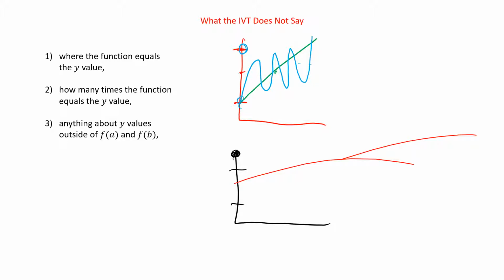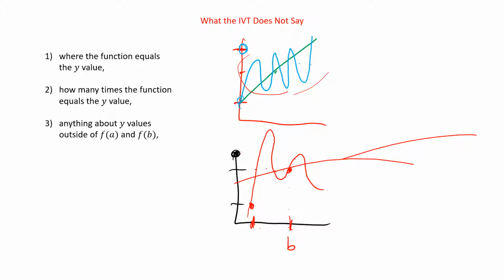That's not true, because we could have a function that goes like that, where it equals it, and there's my a, here's my b, and in between here and here, it goes from f of a to f of b. It goes bigger than that, which it can. It doesn't have to. It could go outside of that range, but we don't know. The intermediate value theorem does not tell us anything about that.